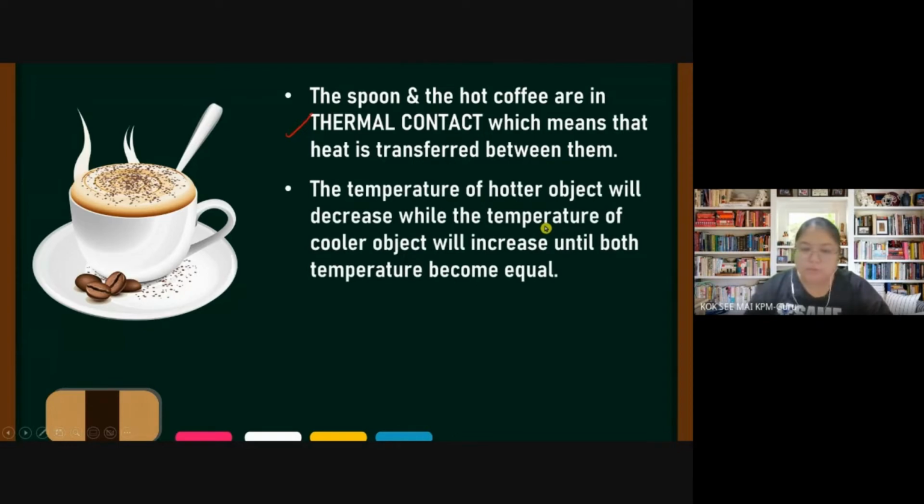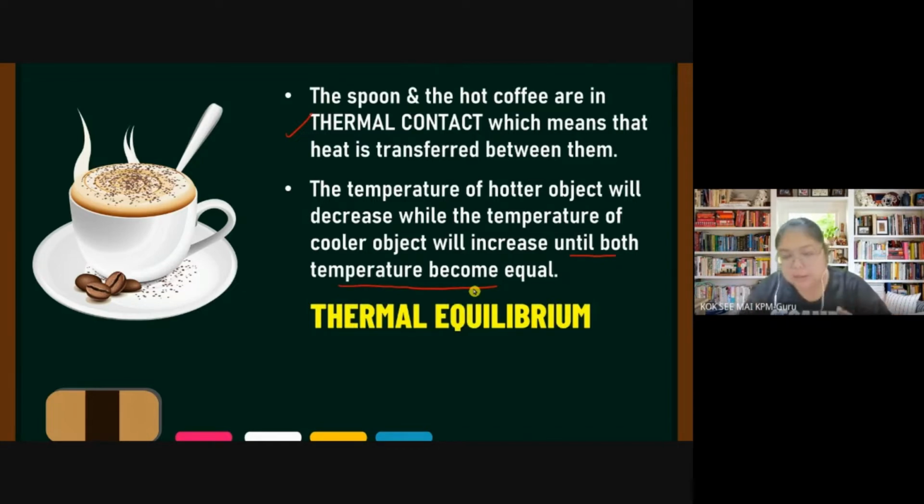Number 2, the temperature of the hotter object will decrease, which means the hot coffee's temperature slowly drops, while the temperature of the cool object, your spoon, slowly gains temperature and goes up. Until where? Until both are at the same temperature. When both are at the same temperature, we call this situation thermal equilibrium.